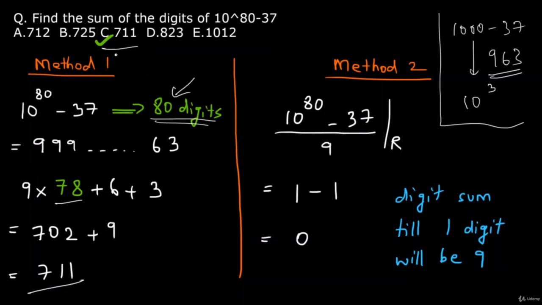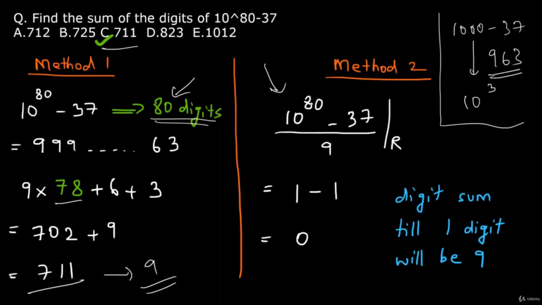That is option C. Another method is, remember, digit sum is nothing but the remainder when you divide by 9. So if you were asked to find the digit sum till you get to one digit, over here 7 plus 1 will give you 9, right? So if that was the question, or even in this case, you can apply this method also. You just need to find the remainder when you divide the given number by 9.